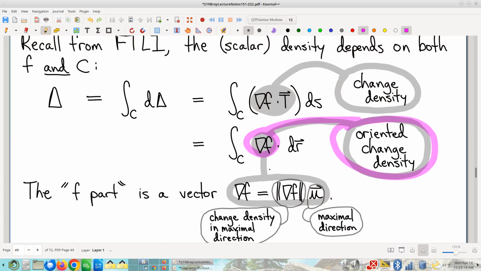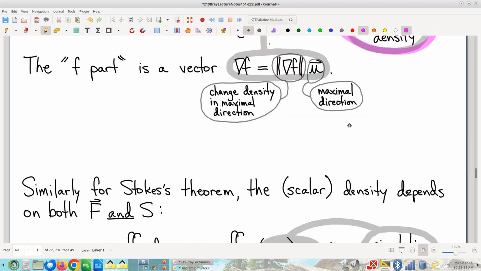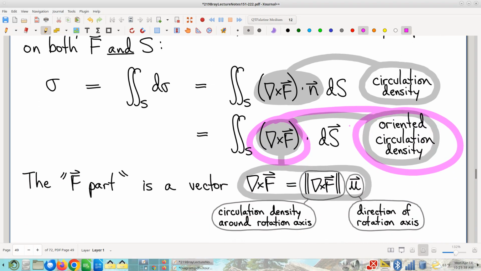So use whatever intuition makes this feel good. Right, new laser pointer. I just wanted to try it out. Whatever makes this feel good. The idea of thinking of gradient as oriented change density, right? To the extent that you digest that, that's your guide for how to think about curl, and in particular, how to think about it as an oriented density.